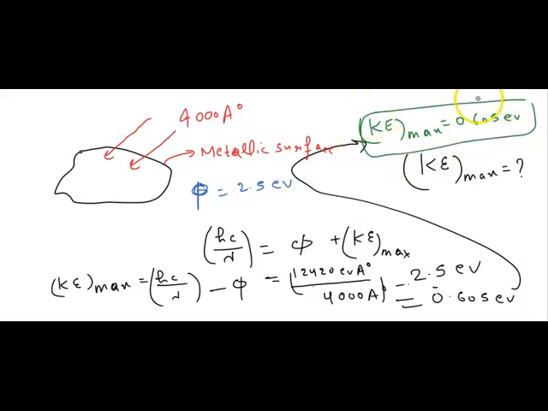It means the electrons ejecting out from the surface move with this kinetic energy. Whichever electron comes out from this metallic surface will move with a maximum kinetic energy of 0.605 electron volt.